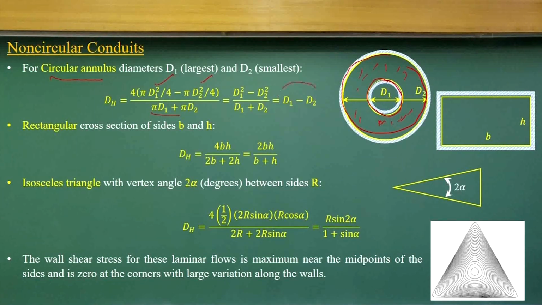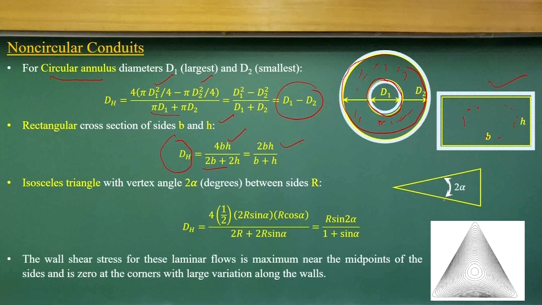That is what will give this. Similarly, if I have a rectangular cross section and flow through this system, I can define what will be the area and the wetted perimeter. That is what will give me the hydraulic diameter.